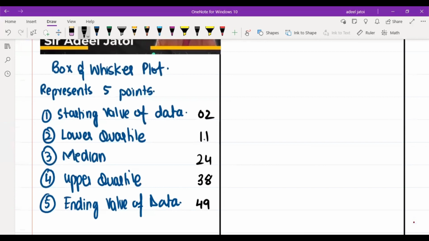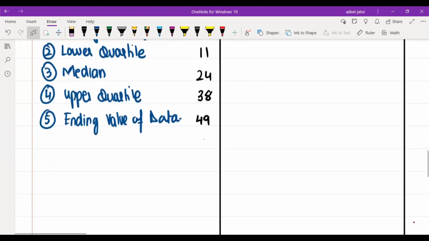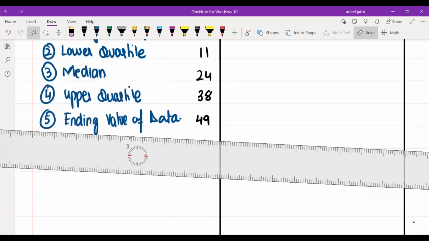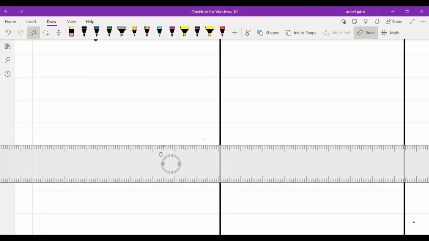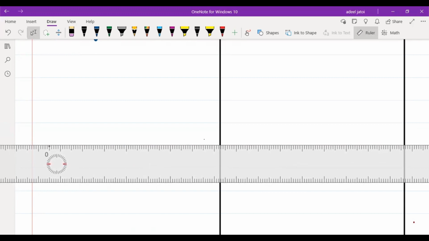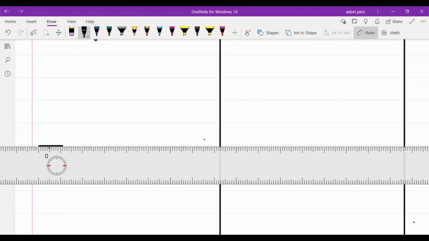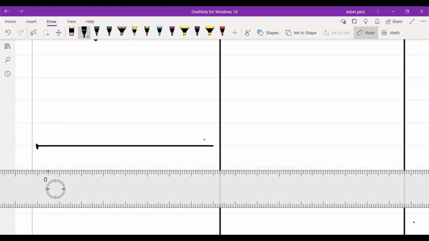So if we note that the normal data starts from 2 and ends at 49, to represent Box and Whisker, we will create a line graph. This line graph will represent units. Let's say we are starting from here and we'll go till the end. We are marking these as 0, 5, 10, 15, 20, 25, 30.